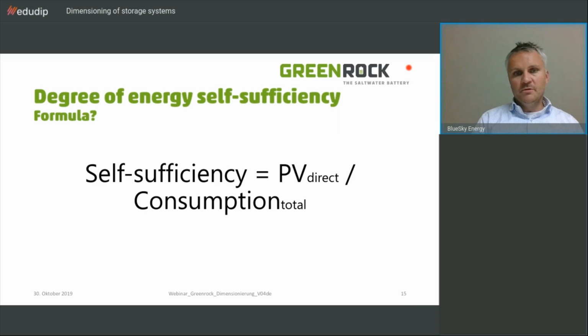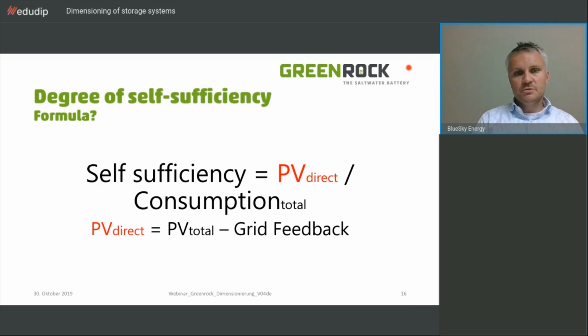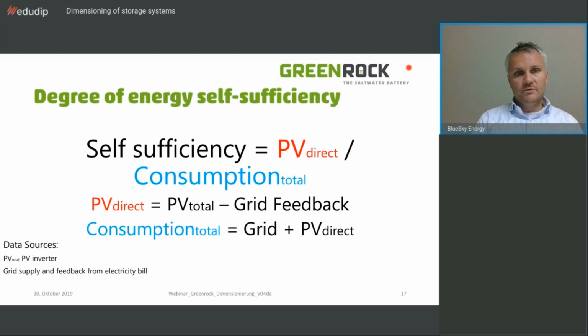So the PV direct towards the total consumption, as I said. And as I said, I do not want to bore you too much with the formulas over here. I think it's clear that's basically the topic in relation to what we need to buy and how much we can be independent from the grid.